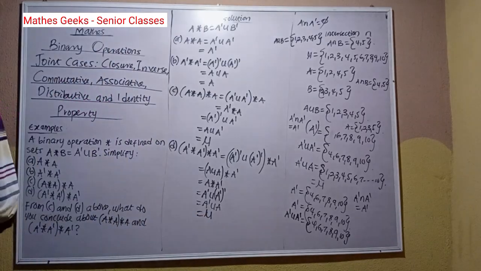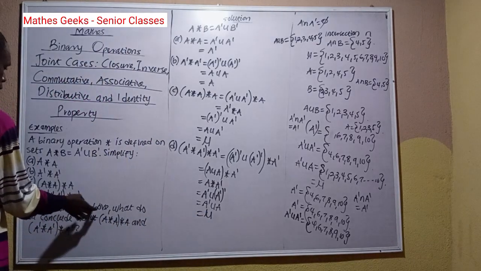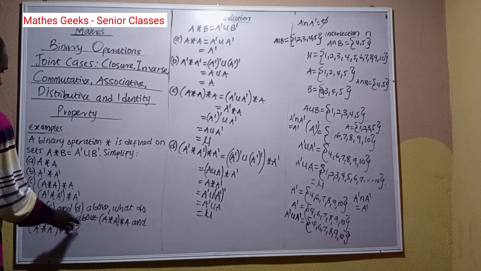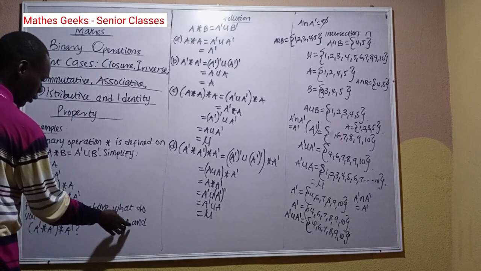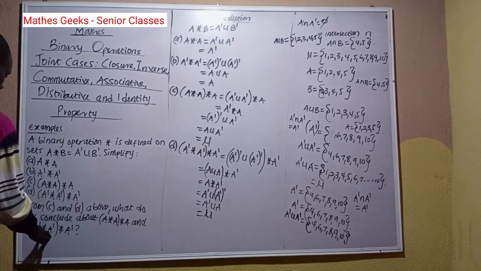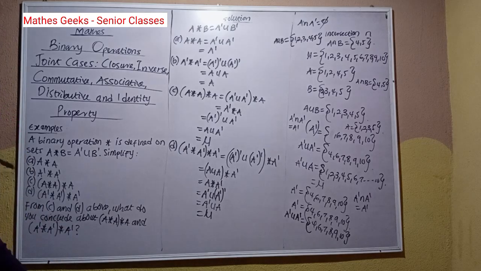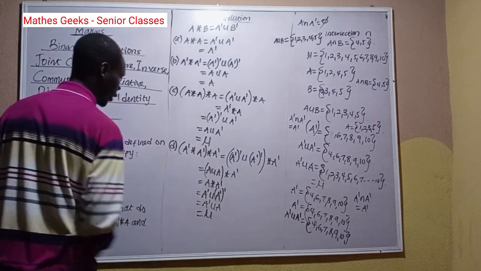So here from C and D above, what do you conclude about A star E and A complement star A complement star A complement? It is associative, because they are all equal to the universal set.